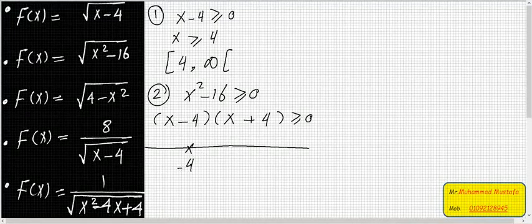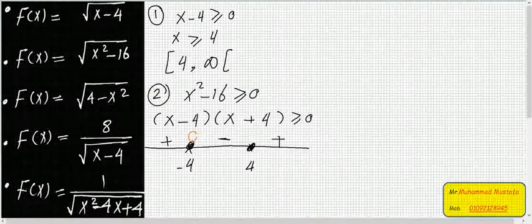Here negative 4 and 4. Outside the roots we put a sign opposite to a. Here the coefficient of x² is positive, so we put negative between the roots and positive outside. At x equals -4 and 4, the function equals 0.